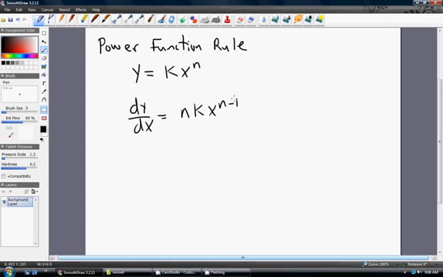This is the derivative of a power function. Basically, there are two steps involved. First, we bring down the n in front, and then we subtract 1 from n. An example.